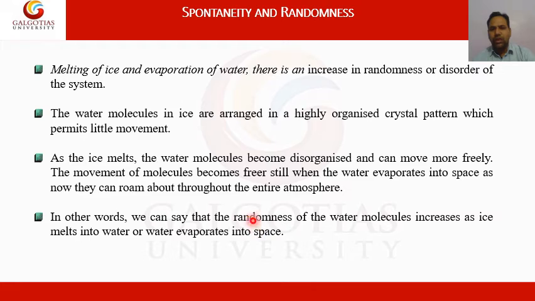So we can say the water molecules in ice are arranged in a highly organized crystal pattern as compared to the water and vapor molecules, which are gases. This increases the randomness of the system.